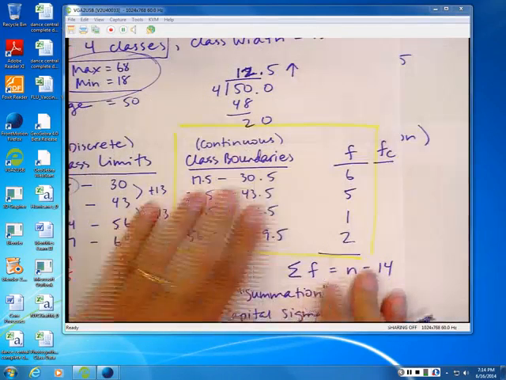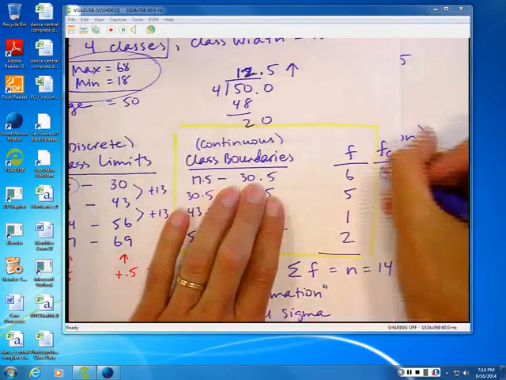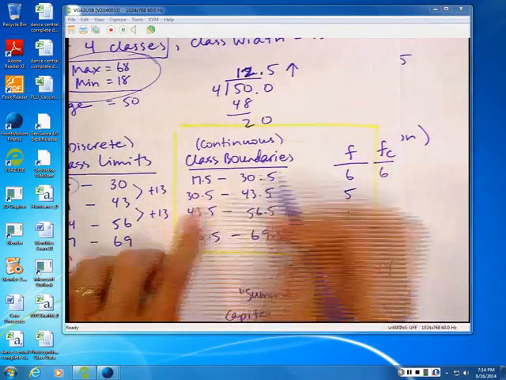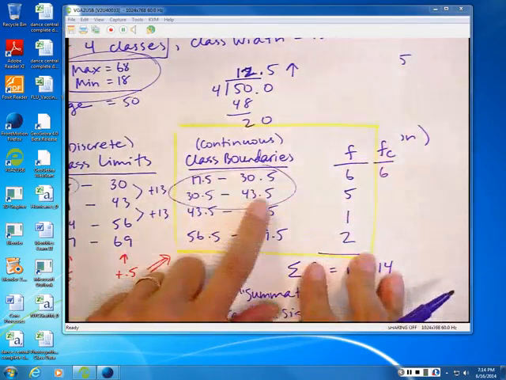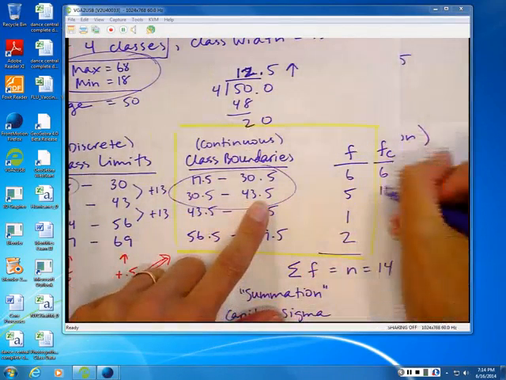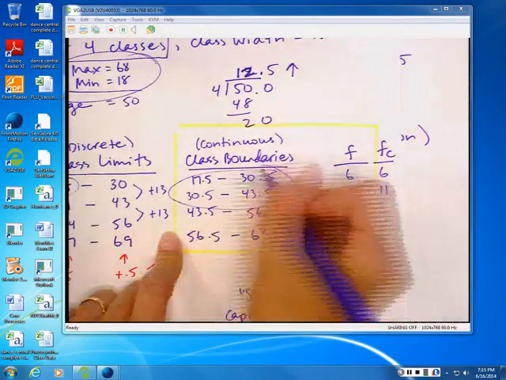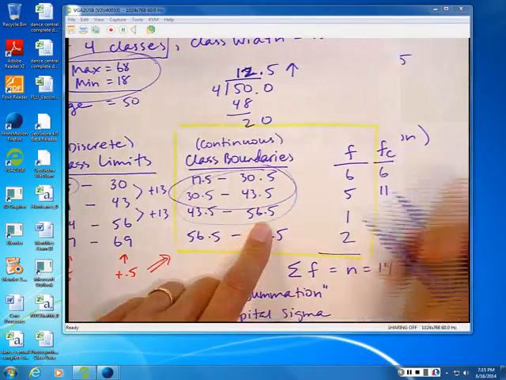So for all of my ages up to an age of 30.5, I have 6 participants. For all of my ages now, which is all of these two together, up to 43.5. So how many participants were up to 43.5? 11 of them. Now if I want everybody up to the age of 56.5, that's just one more participant.